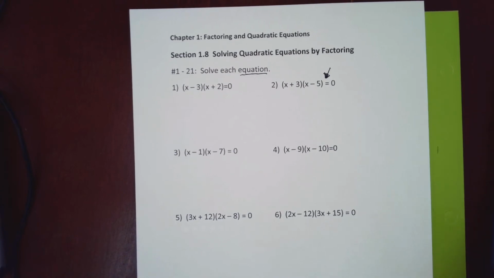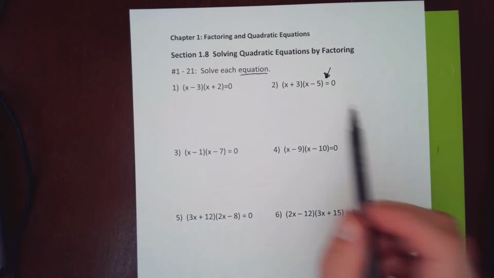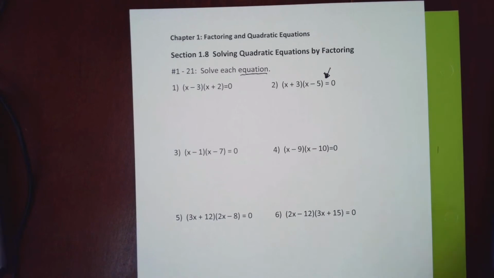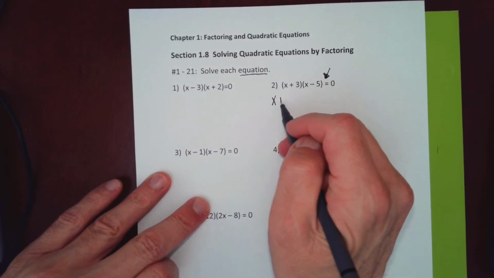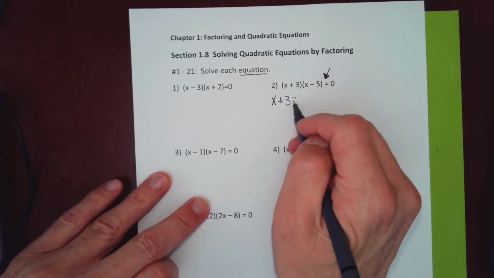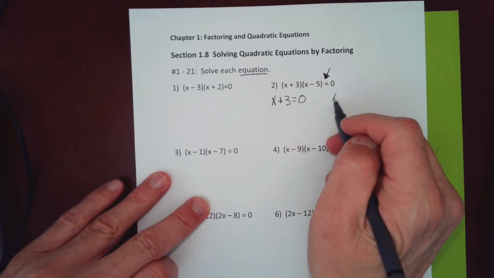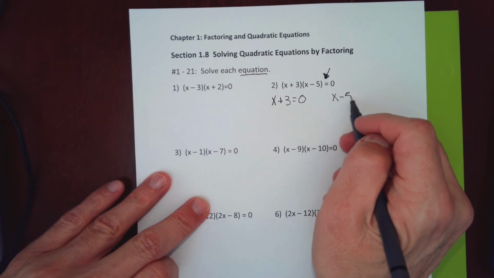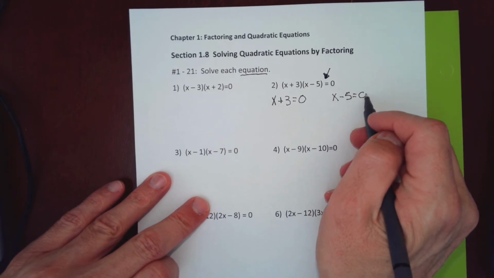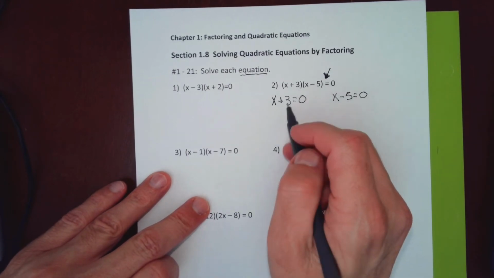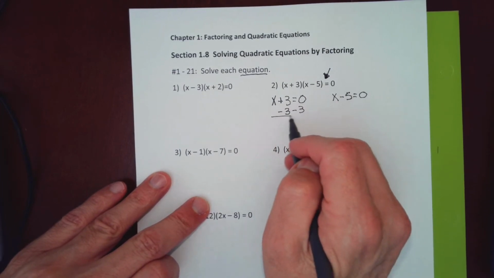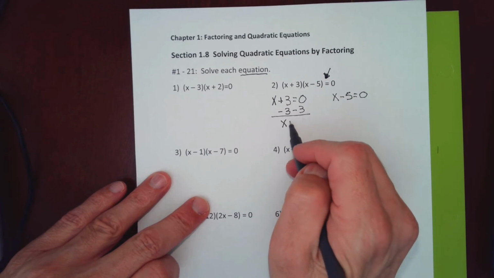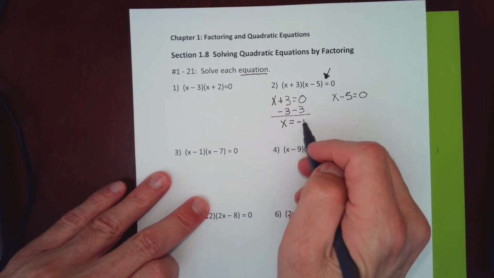To solve the problems between 1 and 21, in which the left side is factored and the right side is 0, I simply take each factor, the insides of the parentheses, set the factors equal to 0, and do the algebra to isolate the x. The factor of x plus 3, which comes from the first parentheses, if I set it equal to 0, that would be subtracting 3 from both sides.